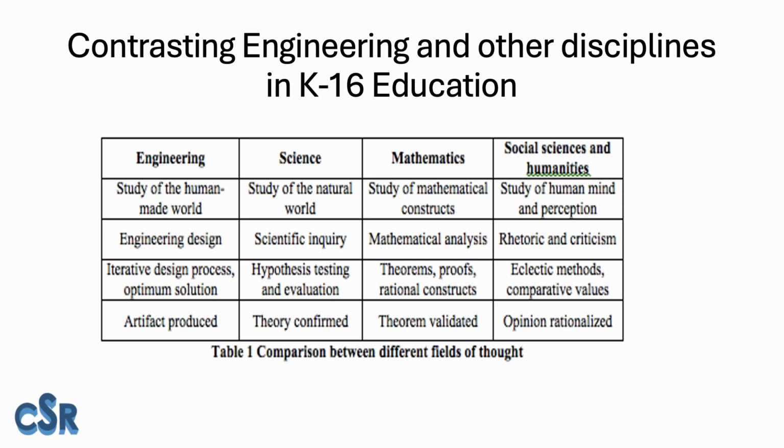Now, when we look at engineering, we're looking at something that's an optimum solution where we're making trade-offs between different elements that we cost. Maybe I'd like an aesthetic solution one way. Maybe another design is faster.